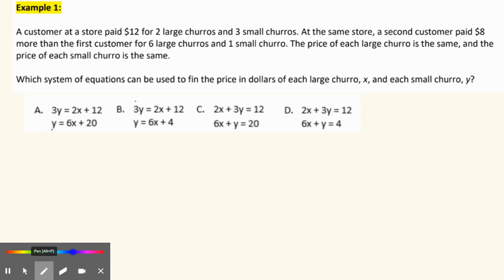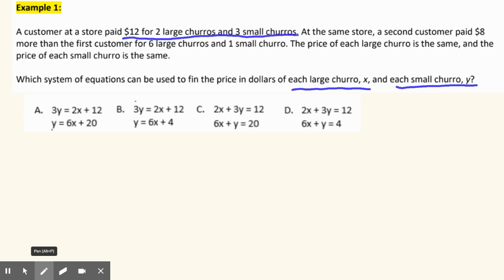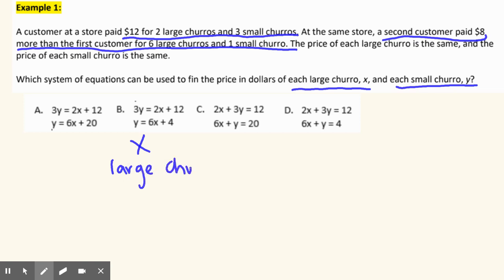So the very first thing we're going to do is annotate this so we know what the variables represent, and then the information that is given within these sentences. Just to keep it as simple as possible, X represents the large churros, and Y represents the small churros.